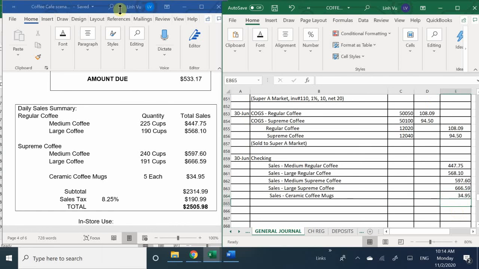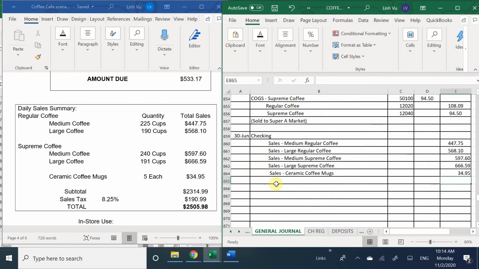Right. What's the last thing that I always charge? I'm sorry, I couldn't hear you. What's the last thing I always charge? Taxes. Yes. All right. So sales tax payable, that's 8.25 for 190.99.